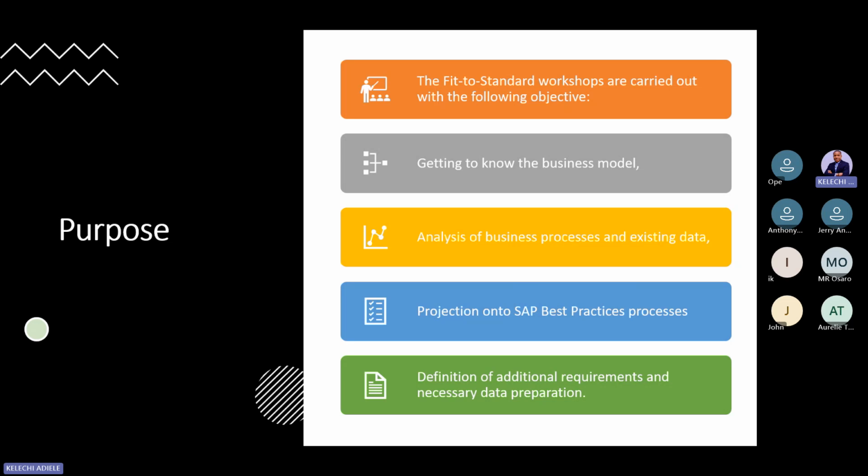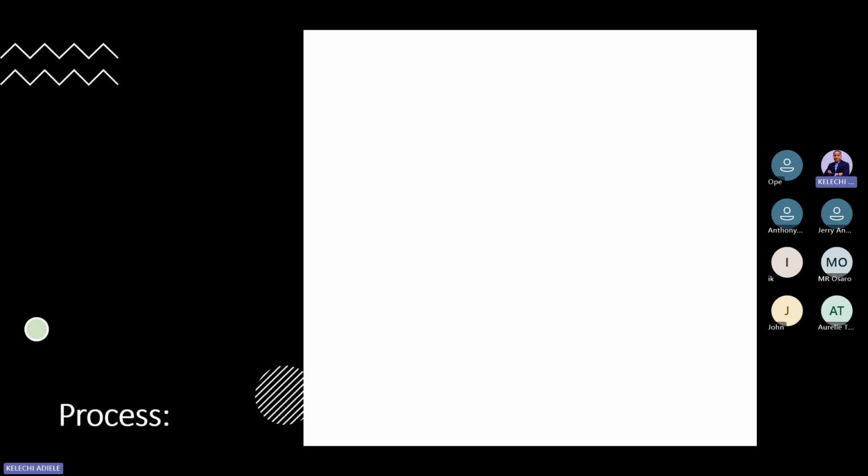And that's why I said earlier, we do a process walkthrough. You show them how the system works, so they get to appreciate where those gaps are, even as you're showing them through the process. Then there's also definition of requirements and necessary data preparation. Of course, you have to prepare for testing, data migration, and what the requirements are for data.